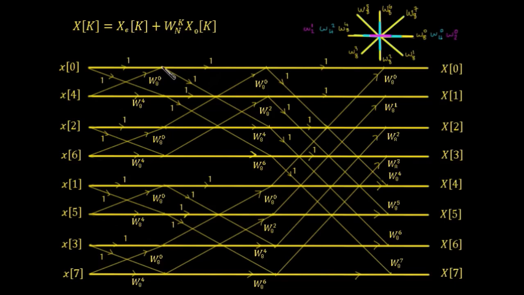So that's this point here, and we can move down on to the next point, and again for this value we're going to have the even part, which is the x0, and then the odd part here is the x4. Again, the x4 is going to be multiplied by W_N^k.